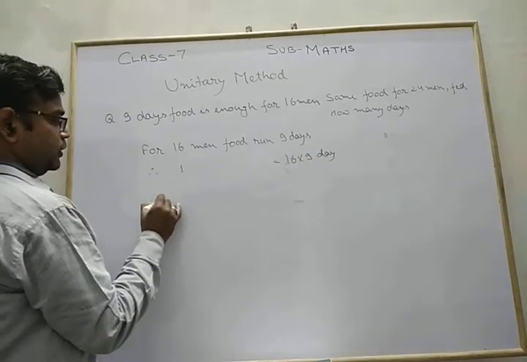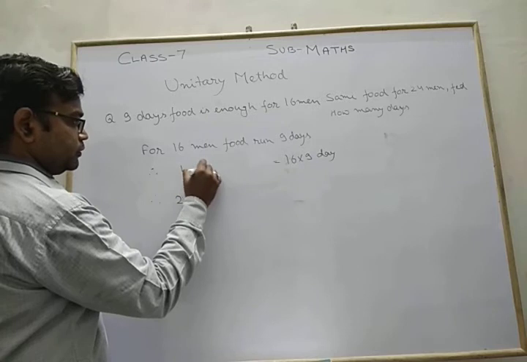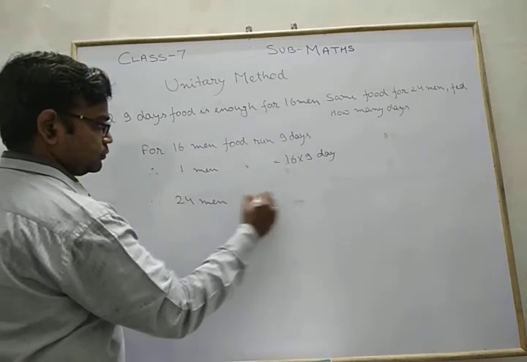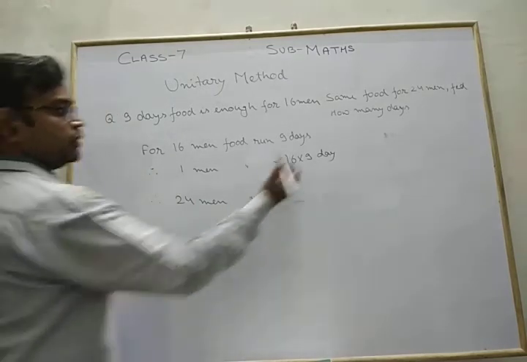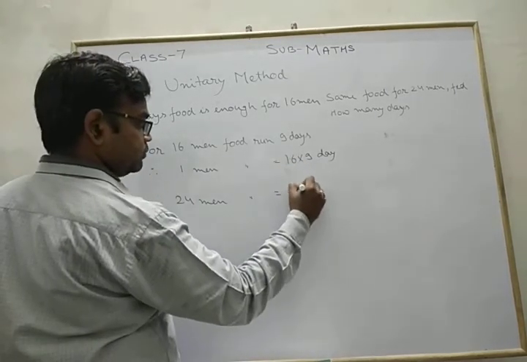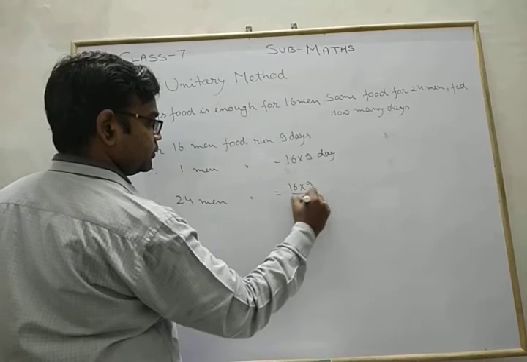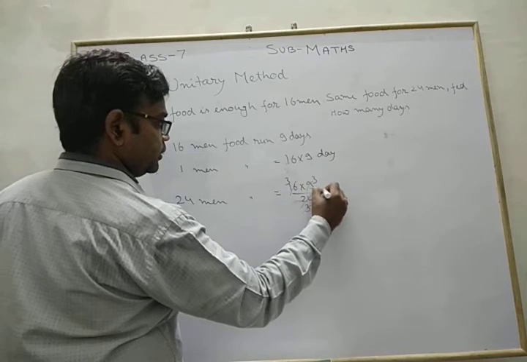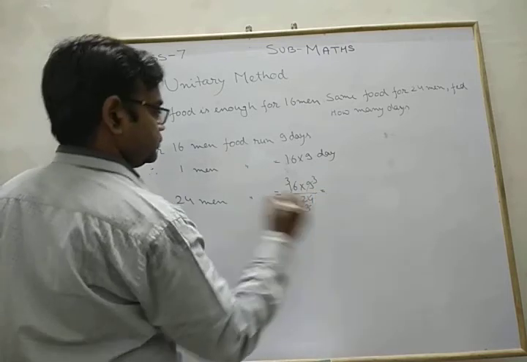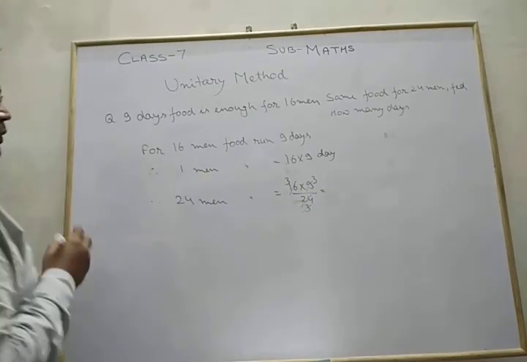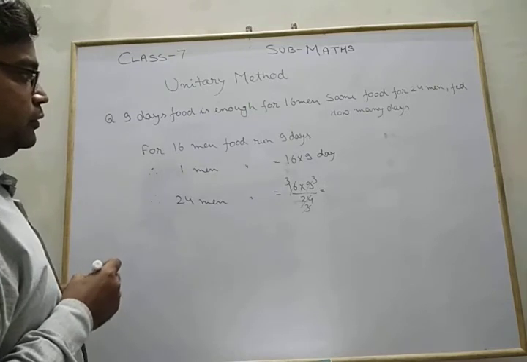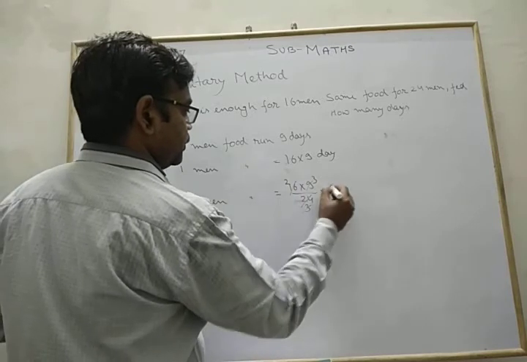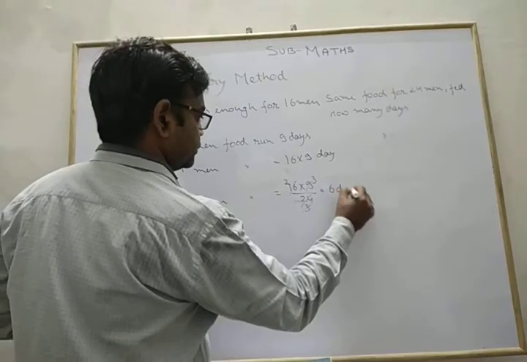Now, therefore, for the same food for 24 men, it must be decreased, so we must divide. 8 twos are 16, 8 threes are 24, so it runs for 6 days.